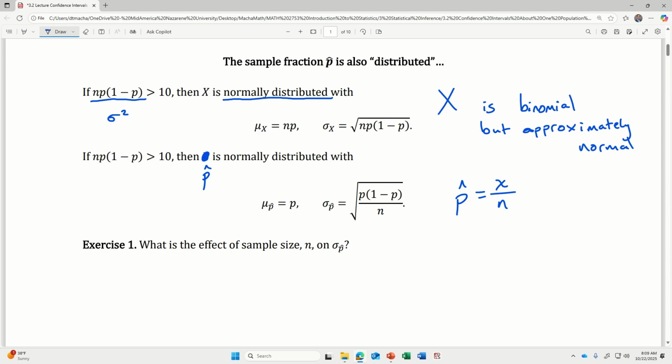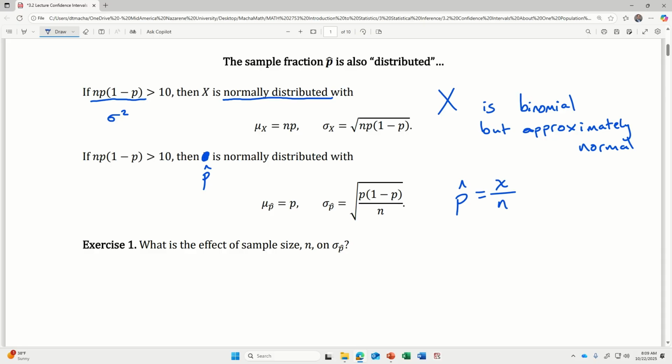So the mean of the distribution of the sample proportion is going to be that population proportion. Or using the word fraction instead, we could say the mean of the sample fraction is the same as the population fraction.